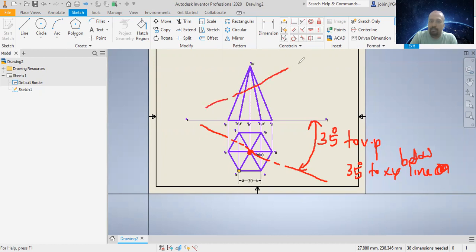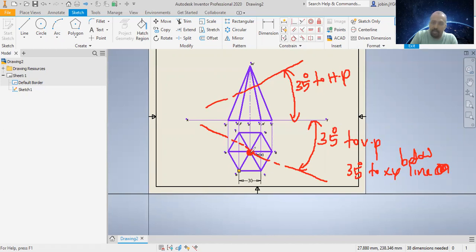Here the question is 35 degree to HP, that means 35 degree to XY line, above XY. Here 35 degree to VP means 35 degree to the XY line, below XY line.